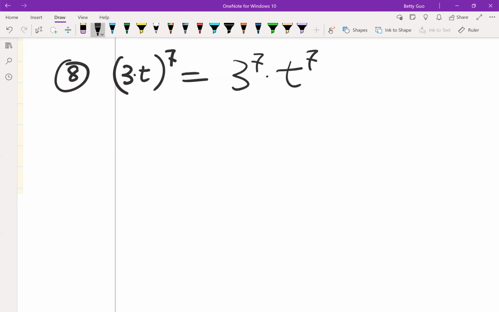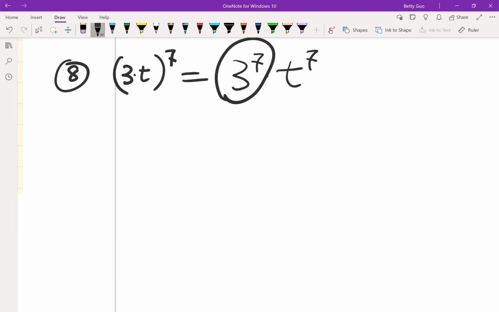Can you figure out what is 3 to the power 7? You should have a calculator. If you do not see 3 to the power 7 in the answer choices, just figure out what is 3 to the power 7. 27 times 81 is a very big number, right? Any questions?